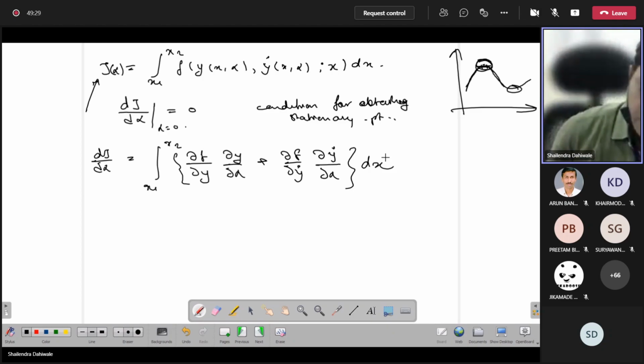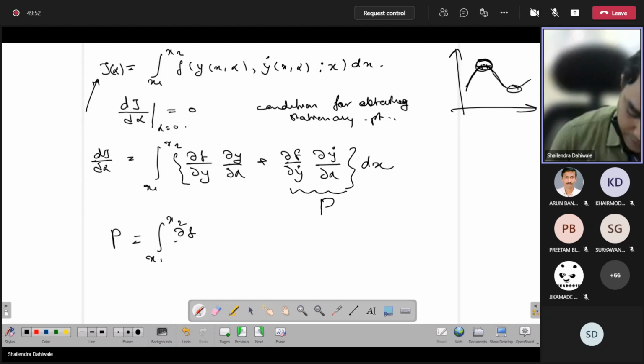Now I will consider only this second part. Just write it as, say, this P. So this P is nothing but the integral from x1 to x2 of del f by del y dot, del y dot by del alpha, dx.